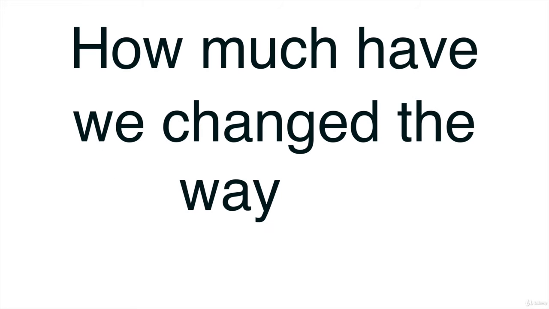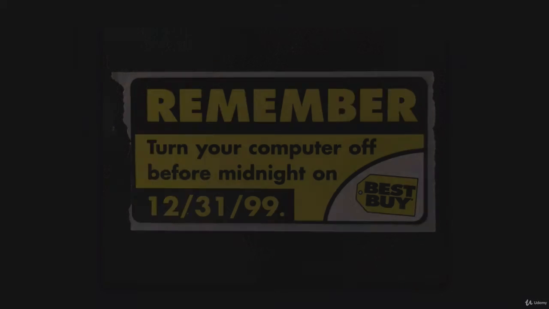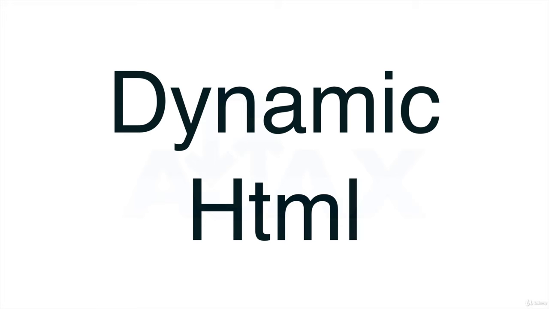So here's a question for you. How much have we changed the way we build web applications since the year 2000? Well, it used to be that the word application meant native apps that typically ran on your desktop. But then the web became more popular. Initially, the web was just static HTML, but that quickly transitioned to dynamically generated content.